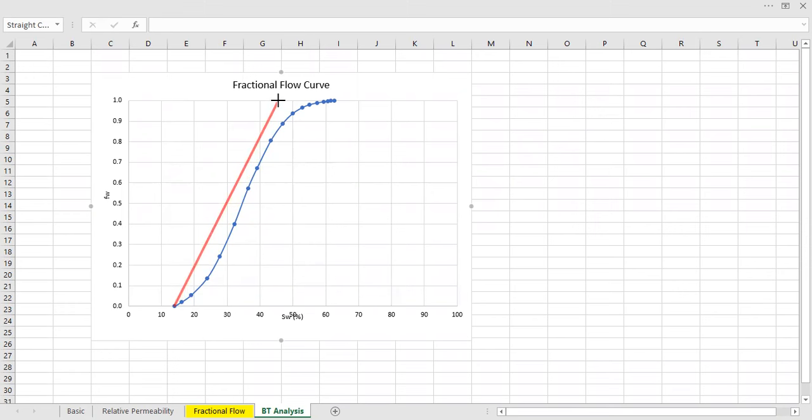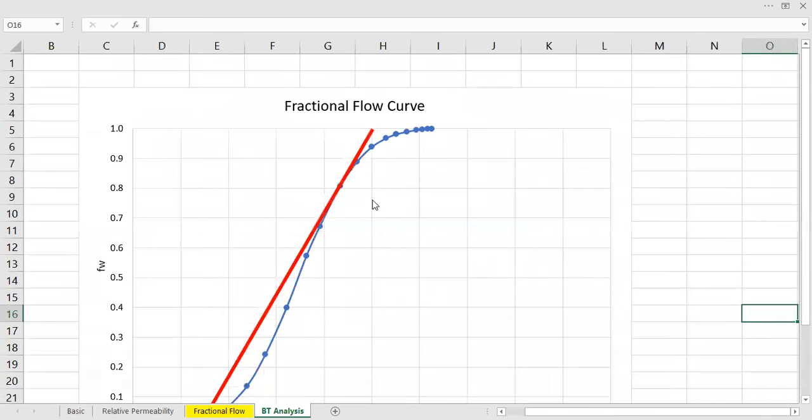So we draw a straight tangent line from the initial water saturation, touching the fractional flow curve. So we have the tangent line here, and of course we can zoom in.